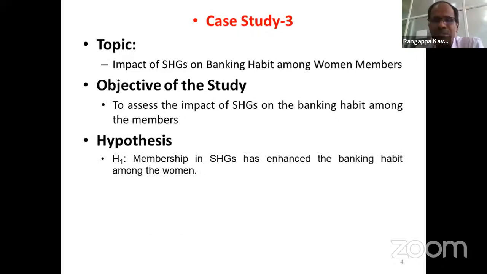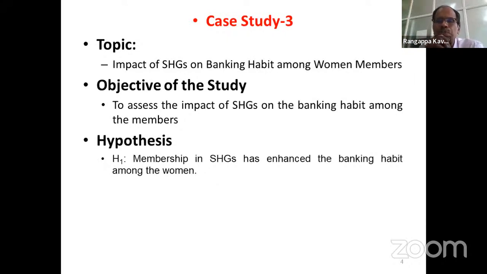So, to assess the impact of SHGs on the banking habit among the members, let me go for the very core things. The research hypothesis here is that membership in self-help groups has enhanced the banking habit among the women. That means involving in a self-help group encourages the woman to have the banking habit.